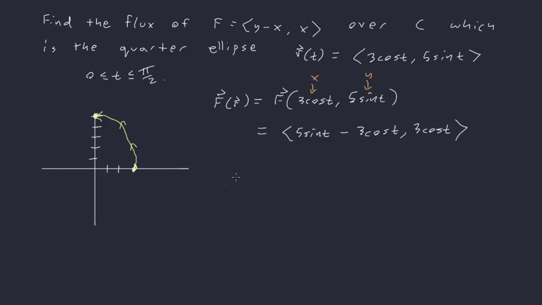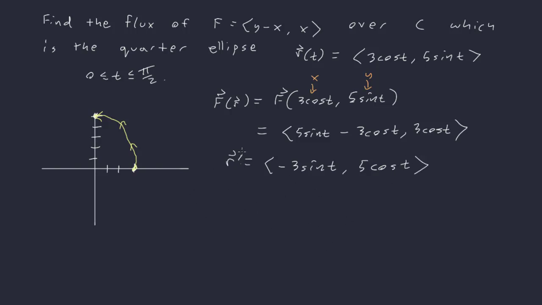Now we need to find r prime, but I'm going to be careful to flip it. So r prime is going to be negative 3 sine t, comma 5 cosine t. But now we're going to flip it.